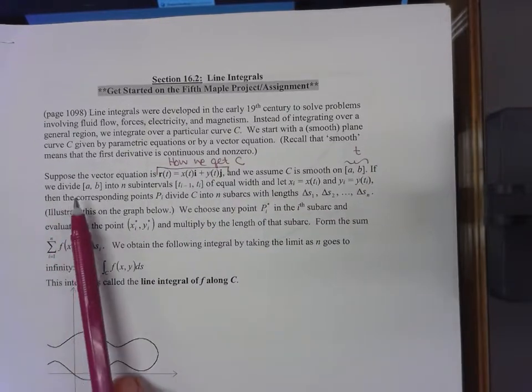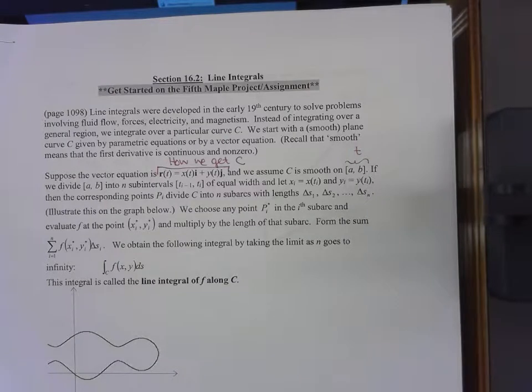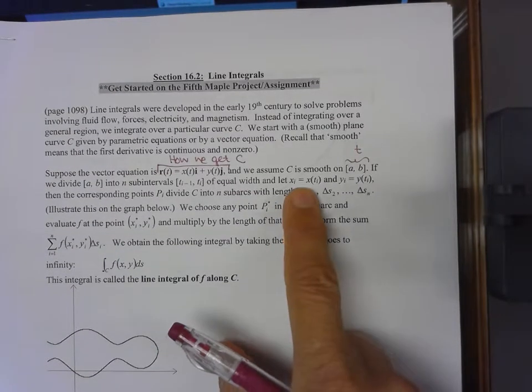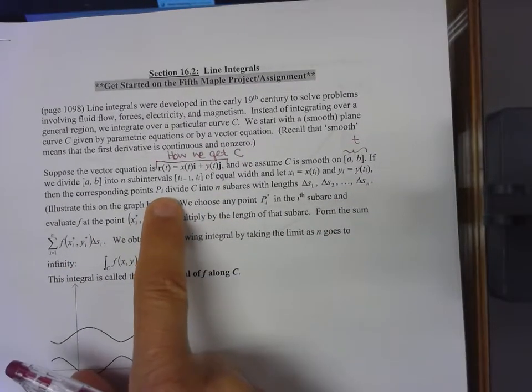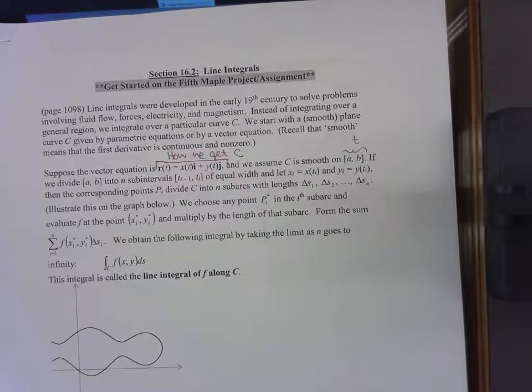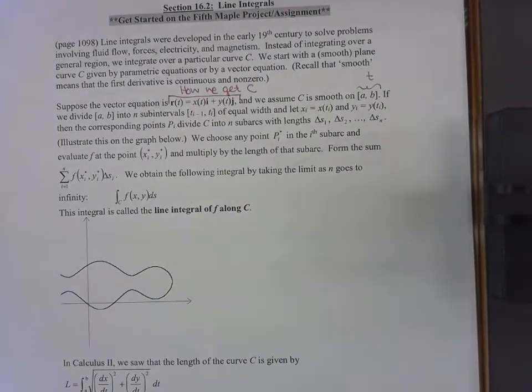If we divide that time interval into small parts of equal width and let x and y be the corresponding points on the curve that divide the curve into these sub-arcs with different arc lengths. So before I go on, let's just talk about that.